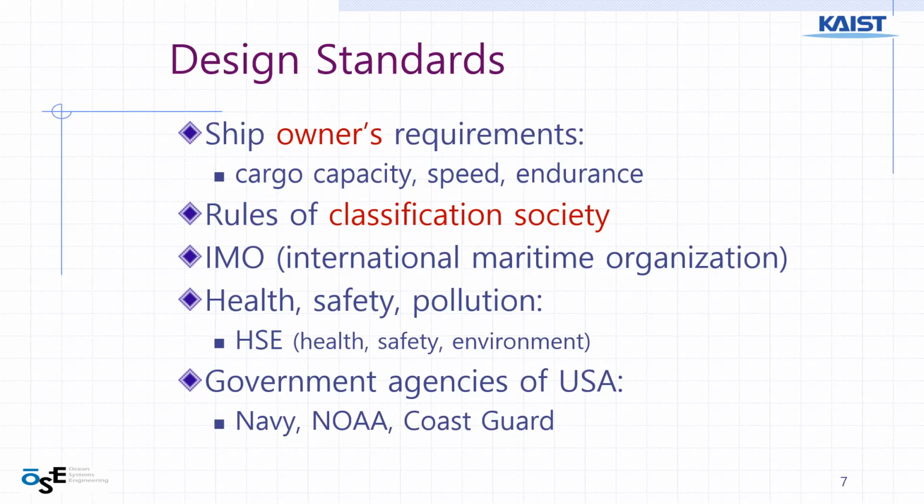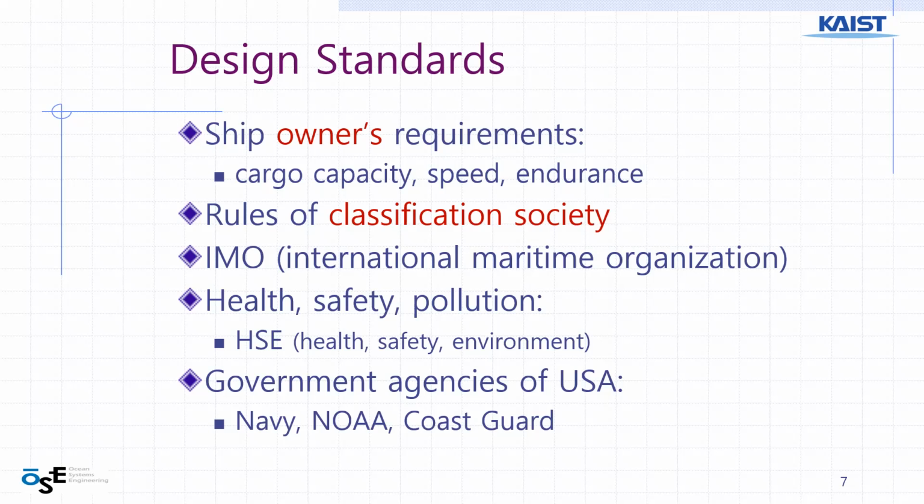And rules of classification society. So which classification society should we follow? American, Korean, Japan, China, Norway, France, or England? Which classification society rule? There are separate rules. And also there is an international organization. They also set up standards and regulations. And health, safety, and pollution are important these days.